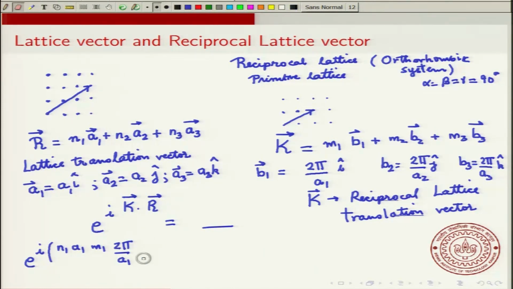And you have two other terms. I won't bother about them. Let us just look at this first term.